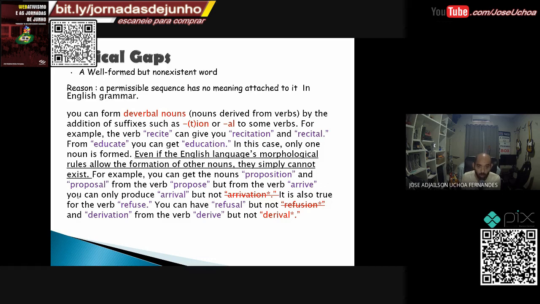Another example, you can get the nouns proposition and proposal from the verb propose. But from the verb arrive, we can only have arrival. We do not have arrivation. And when I put this asterisk here, it's a symbol in morphology to mean ungrammatical.